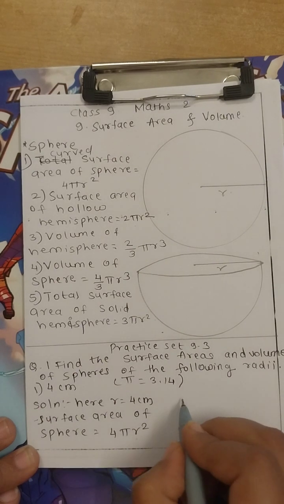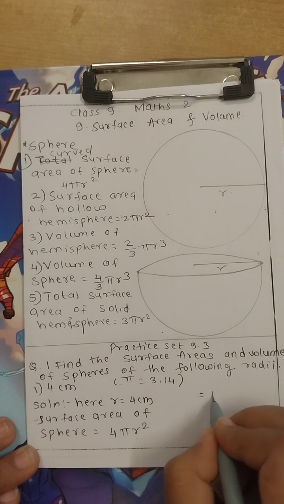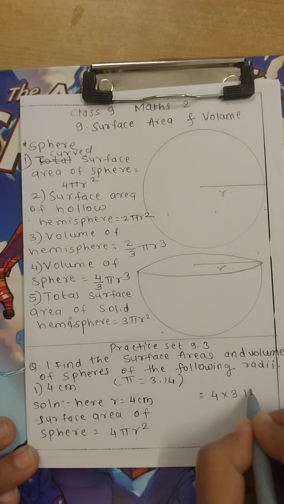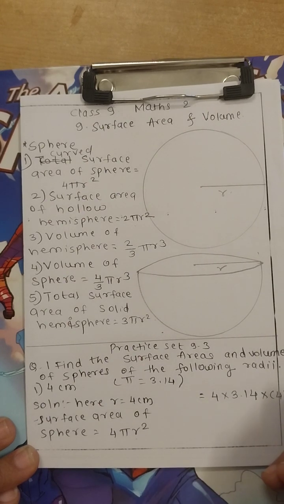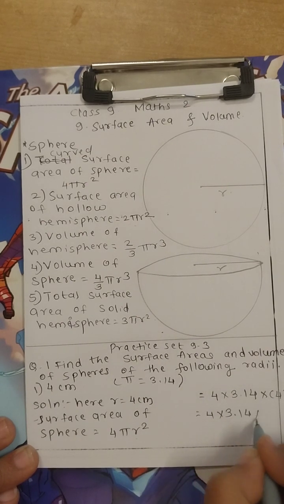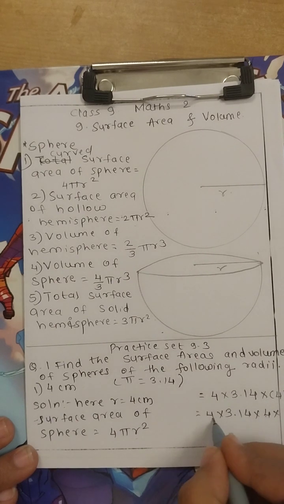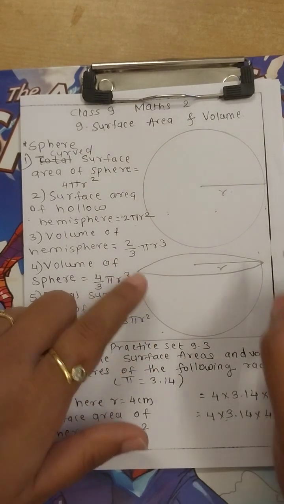Substituting the values of pi and r, 4 into 3.14 into 4 square, which is equal to 4 into 3.14 into 4 into 4. 4 into 4 into 4 is 64. So 64 into 3.14.